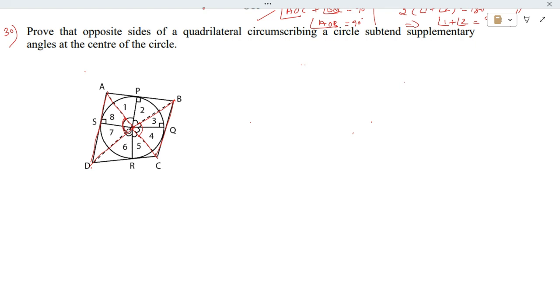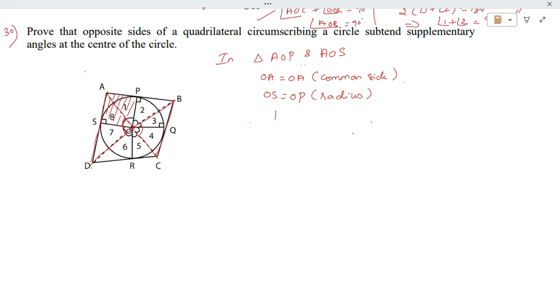So let me take two triangles first to prove the congruency: AOP and AOS. In these two triangles, what are the things we know? OA is a common side, OA equals OA. And I know OS is equal to OP. Why? Because these are radii, from the center to the point on the circle.